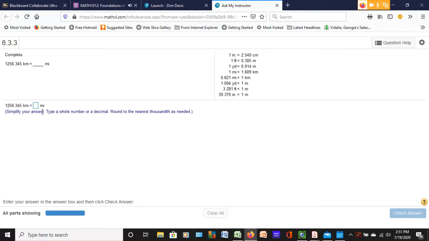Let me jot that down. I'm going to use the 0.621 conversion factor on this one and see if it's set up to take either answer. So I'm going to put 1,256.345 kilometers, and use 0.621 miles in 1 kilometer.